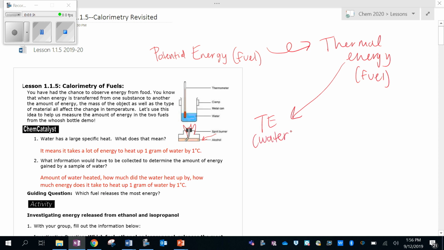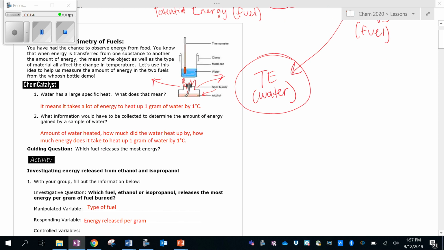Now we know there are errors in the setup and that some of the thermal energy is escaping to the air and some is going to the can. But for the purposes of this experiment, we needed to assume that almost all of the energy would go to the water, because if we know how much energy the water absorbed, then we know how much energy the alcohol released.